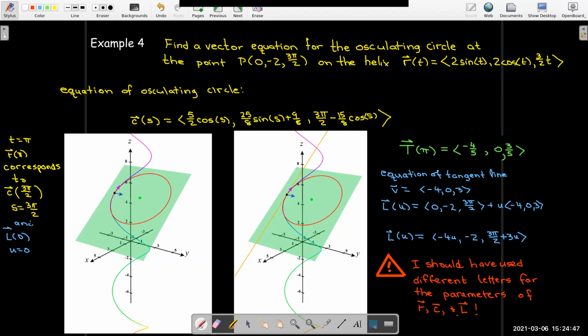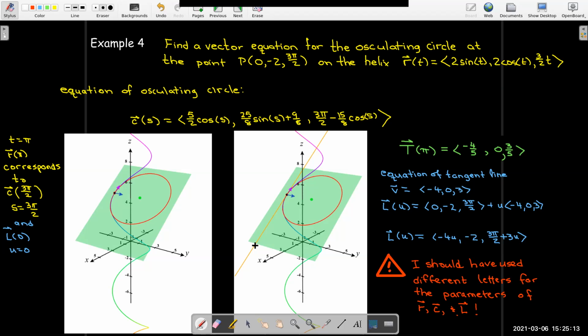So I shouldn't have used the t for each parameterization because it gives the impression that each parameter has the same representation. That's just not the case here. It's still a parametric representation of the particular curve. It's just that the point P doesn't coincide with the same parameter value.